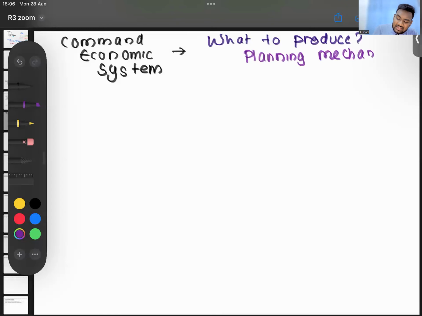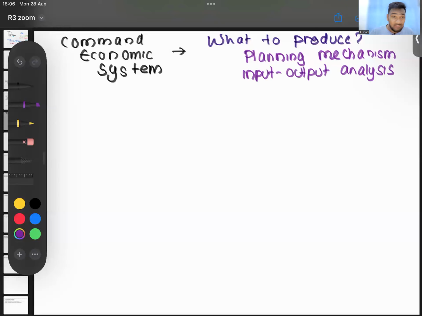How do they do this then, guys? Using the planning mechanism, they do something called the input-output analysis. What does that mean? That means a planned economy has its resources, and that's called inputs: land, labor, capital, entrepreneurs.